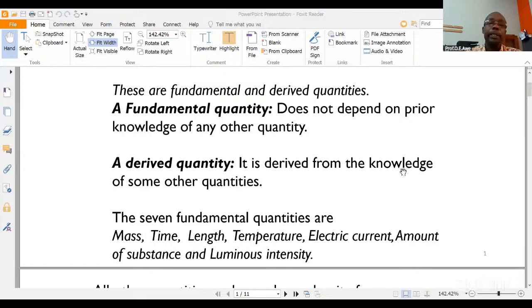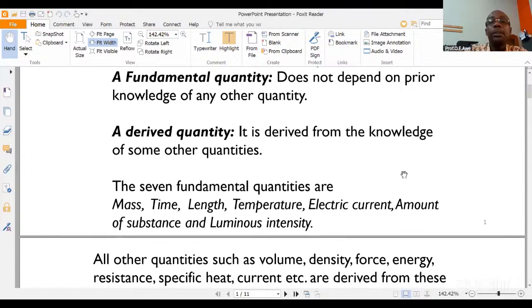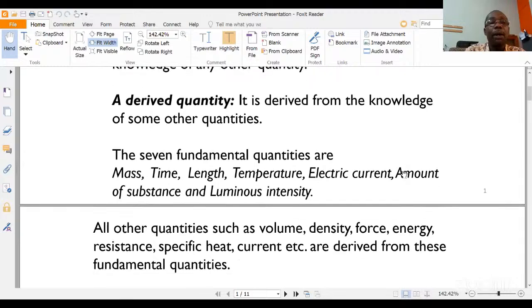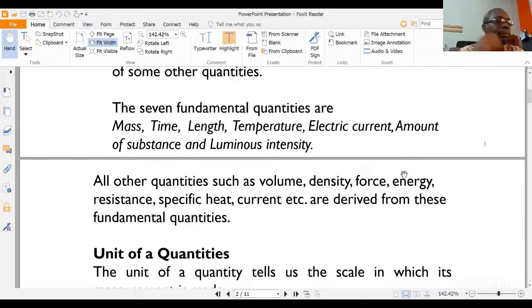So I will continue with my slide. We have listed the 7 fundamental quantities. The next thing now is to look at other quantities that couldn't make that list, as I've earlier mentioned.